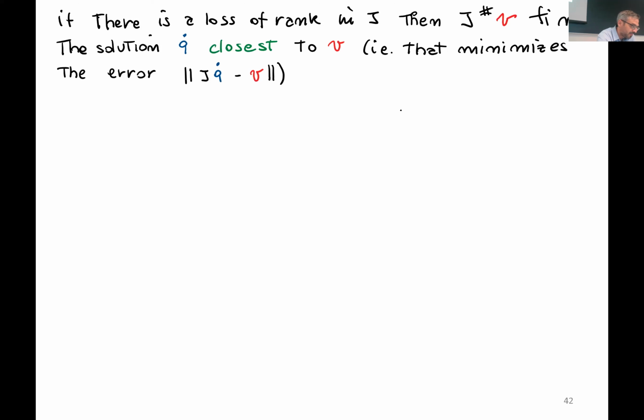But what happens whenever there is a loss of rank in J? You remember we go back to the case where the pseudo inverse finds a solution, not exact, but as close as possible to the desired end effector velocity.